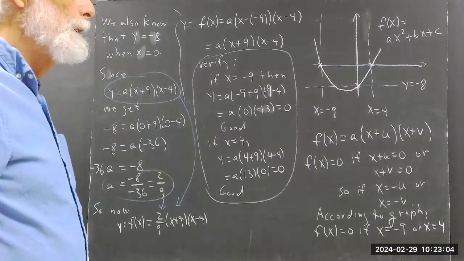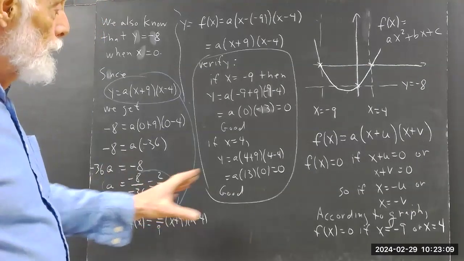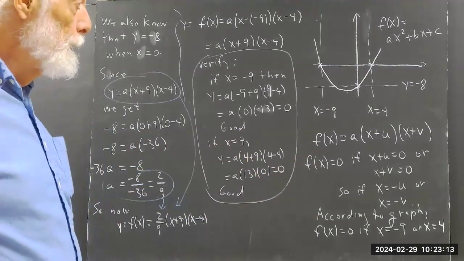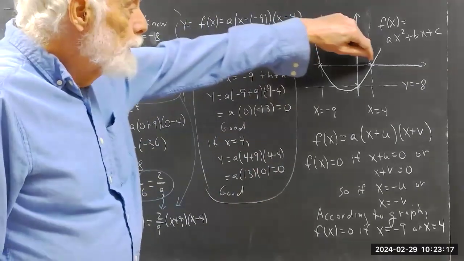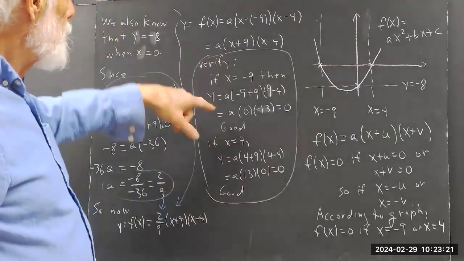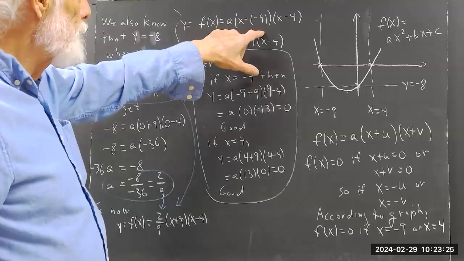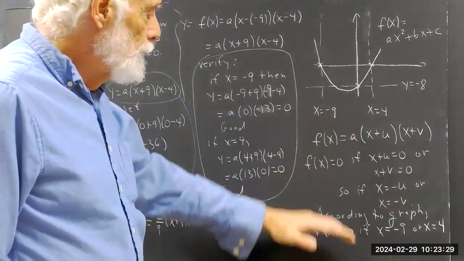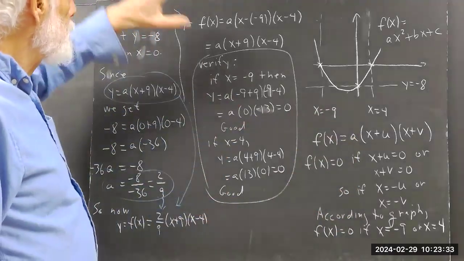So the bottom line is, whether we understand every detail of this or not, it's good to understand every detail. We could just look at our two x-intercepts and write this down: y equals a times x plus 9 times x minus 4. So we don't really need all this reasoning, although it's good to understand it because it'll be useful.